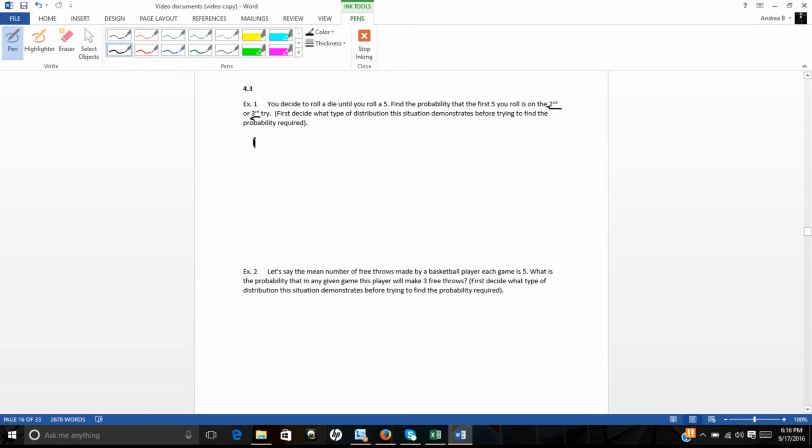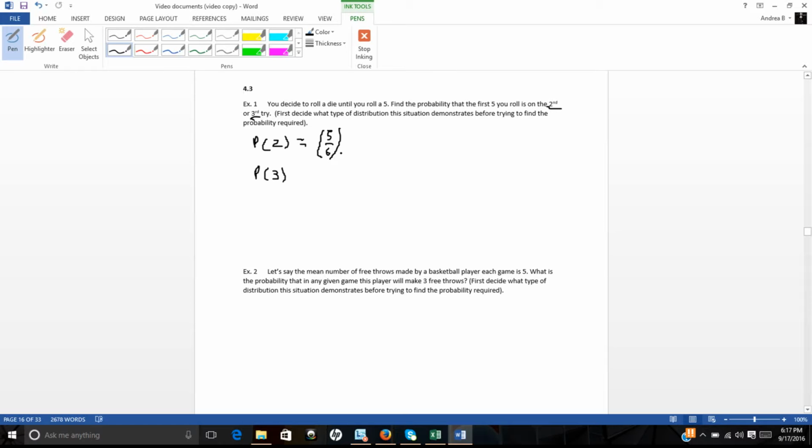So in other words, we'll have the probability of 2 for the first try, or the probability of 3, using the equation for the geometric distribution. If we're talking about rolling a 5, you'd have a probability of 1 out of 6, or 1/6, for success. So the probability of a failure would be 5/6, everything else.